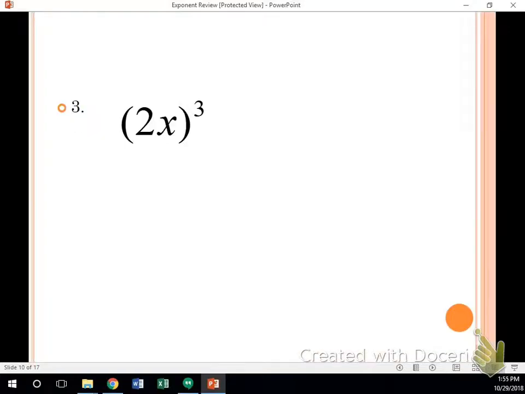All right, on this one, we are going to be using one of our product rules. We have technically two different bases inside our parentheses with an exponent on the outside. Our rule said that we can apply or give that exponent on the outside to every factor or base on the inside. So if you want, from the very beginning, you can separate the 2 and the x with a multiplication dot.